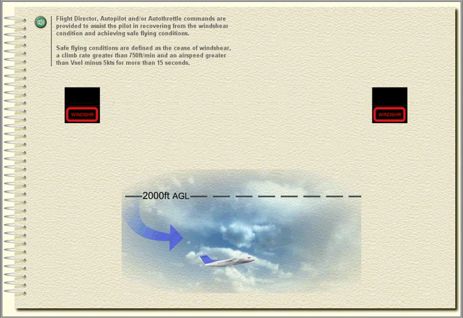Flight director, autopilot and/or autothrottle commands are provided to assist the pilot in recovering from the wind shear condition and achieving safe flying conditions. Safe flying conditions are defined as the cease of wind shear, a climb rate greater than 750 feet per minute, and an airspeed greater than VSEL minus 5 knots for more than 15 seconds.